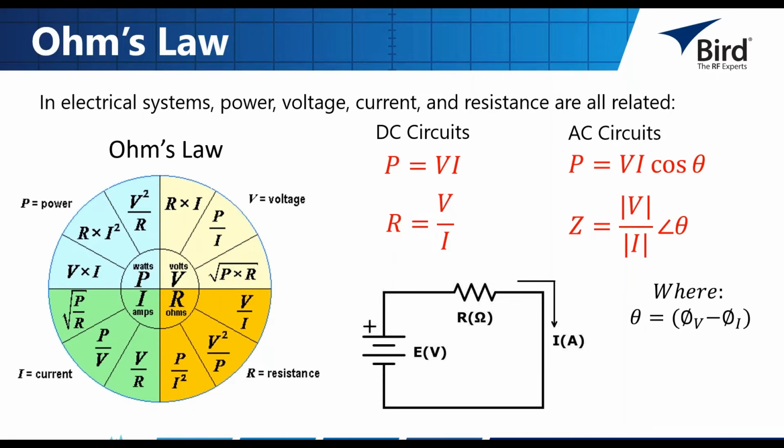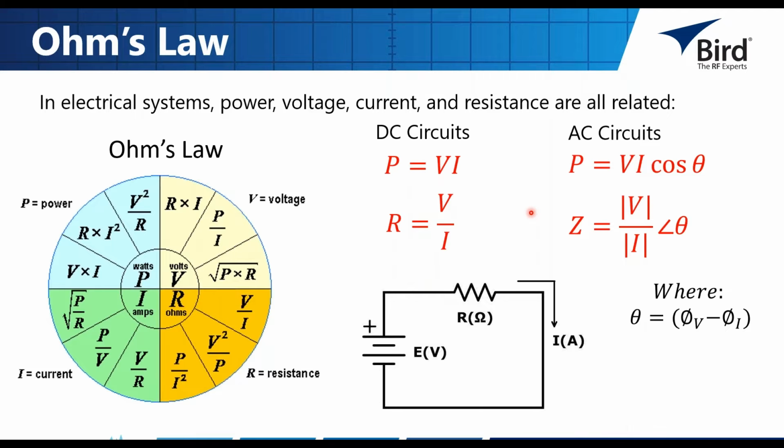Usually we're trying to figure out how much power is being delivered to our load, or what the impedance of our system components is. In DC, this can all be done with voltage and current.